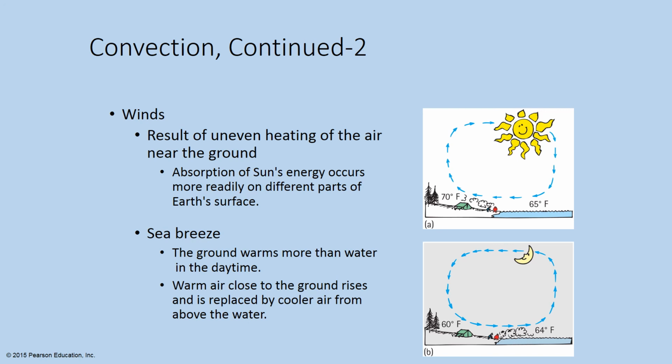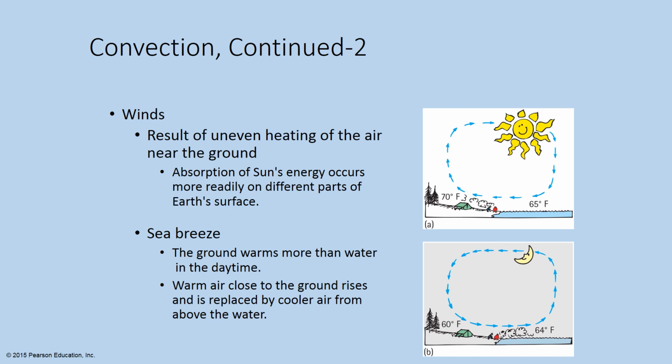This is exemplified by a campfire that you can see in the figure, where the smoke is being blown towards the land as a result of the sea breeze that occurs because of the uneven heating of the air masses over land versus water.